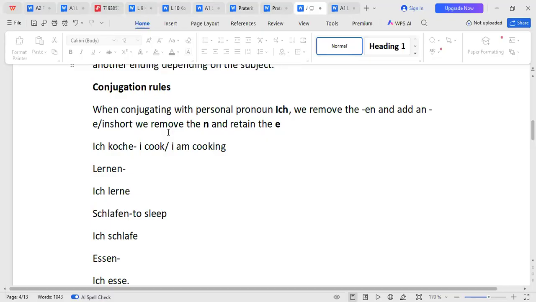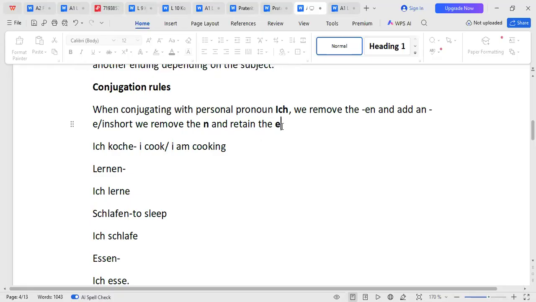I'm saying the first rule of conjugation, when conjugating with the personal pronoun ich, we remove the en ending. After removing the en ending, we add an e. In short, just remove the n and retain the e. This is what I'm saying, students.